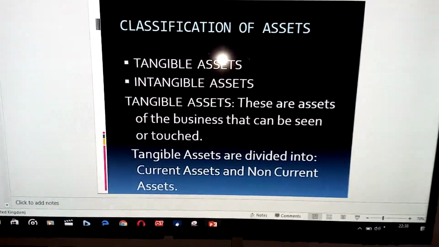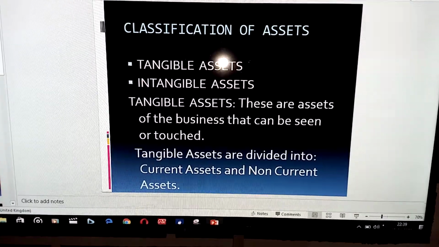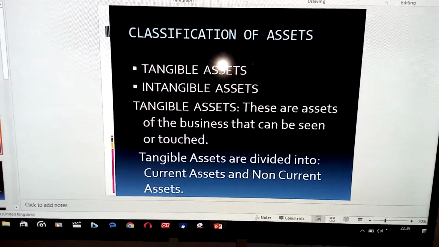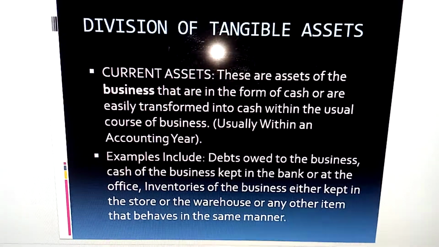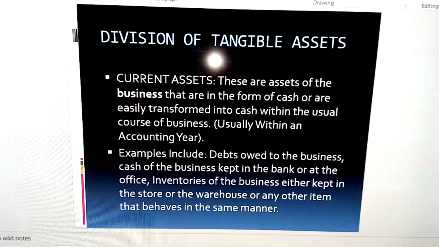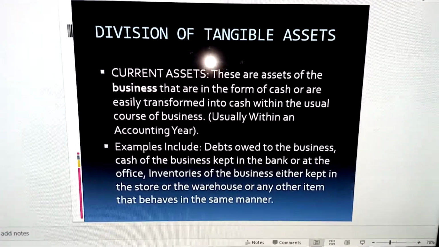Now, tangible assets are divided into current assets and non-current assets. I just told you that the tangible asset is divided into what? Current assets and non-current assets.